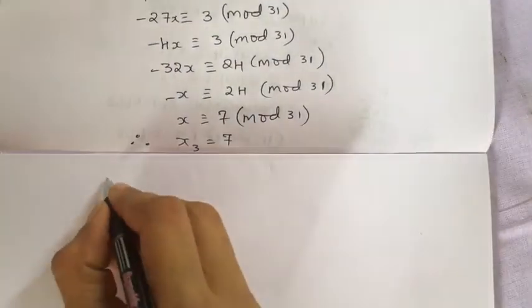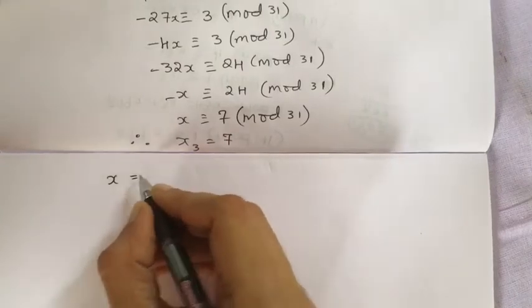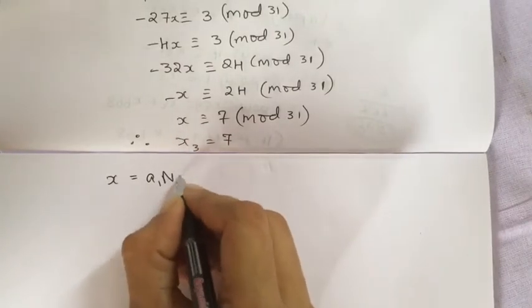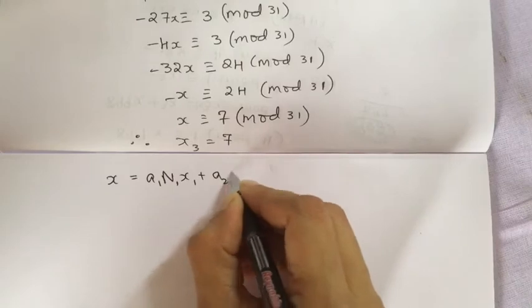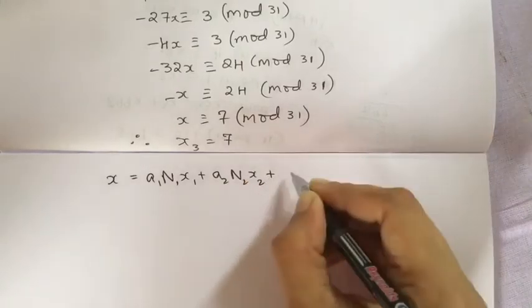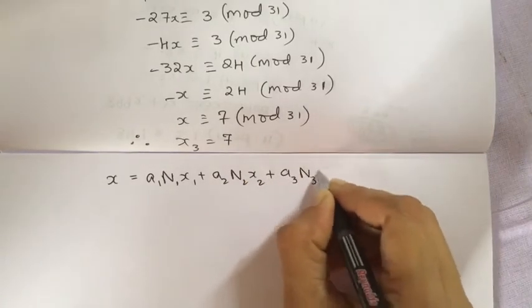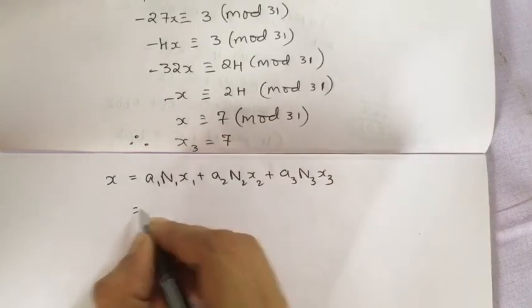So the solution x is a1 n1 x1 plus a2 n2 x2 plus a3 n3 x3.